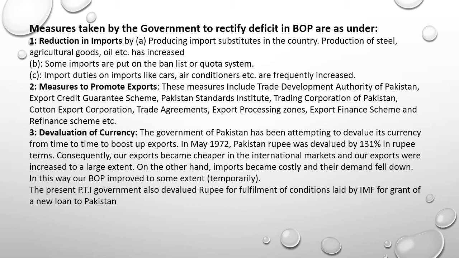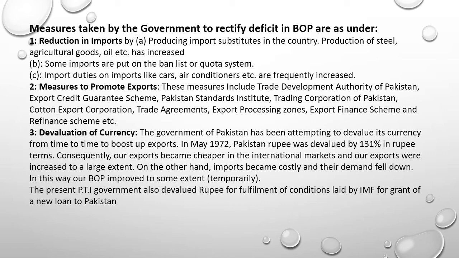Number B, some imports are put on the ban list or quota system. That is, ban list, they are prohibited, they are not imported. And quota system, that is a particular quantity is fixed for that. Say, for example, if the government fixes that in this year only 1000 Toyota cars will be imported, this is quota. So the import of Toyota cars will only be 1000 and not more than that.